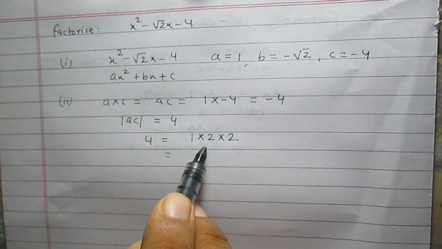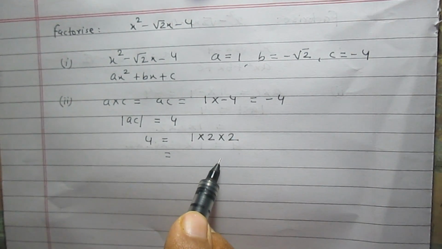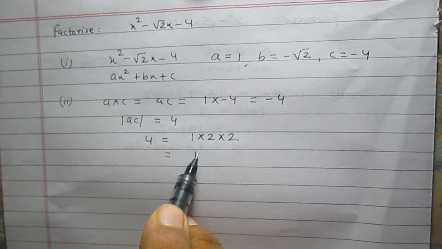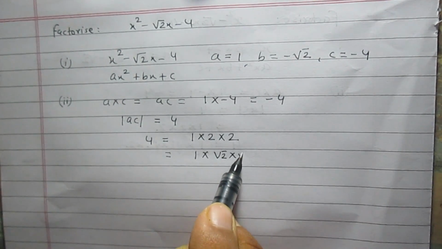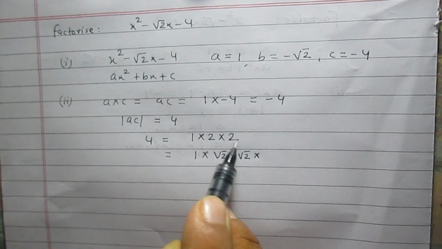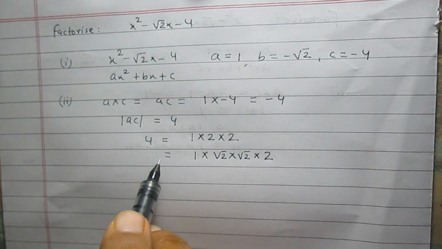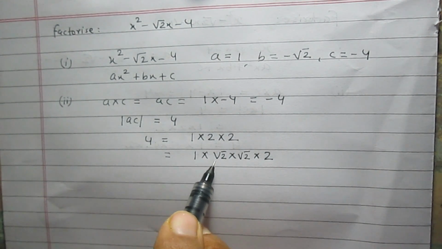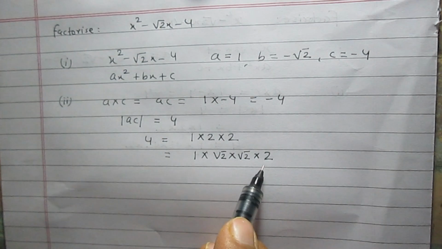We can factorize 2 as the multiplication of square root 2 and square root 2. See, 1 as it is, 2 is factorized as square root 2 multiplied by square root 2, and the next 2 is as it is. So factorization of 4 is 1 multiplied by square root 2 multiplied by square root 2 and multiplied by 2.